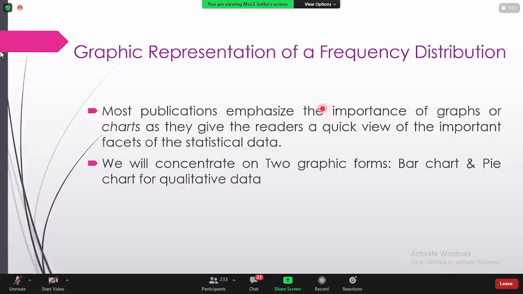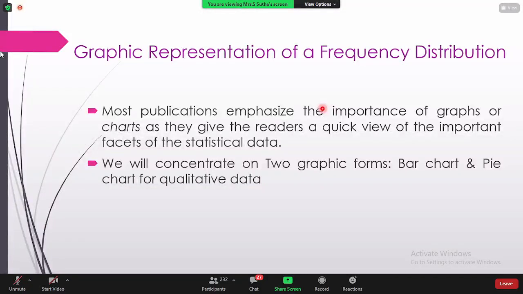When we have a small number of observations, either a table or a graph is okay. But when we have a massive number of observations, the graph provides a quick view. So when handling massive data, it is better to give graphs along with the tables. Then we can easily grasp the ideas, right?